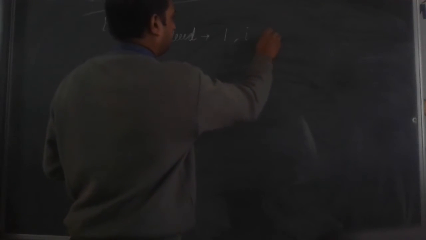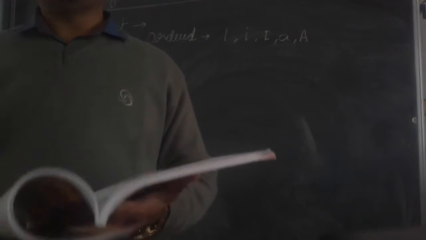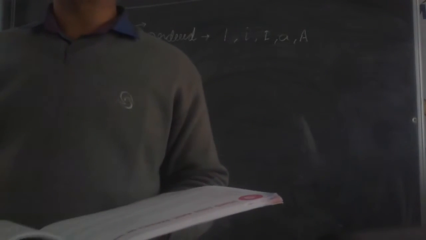Ordered 1, A and capital A. These are the ordered list attributes. Second is our unordered list.